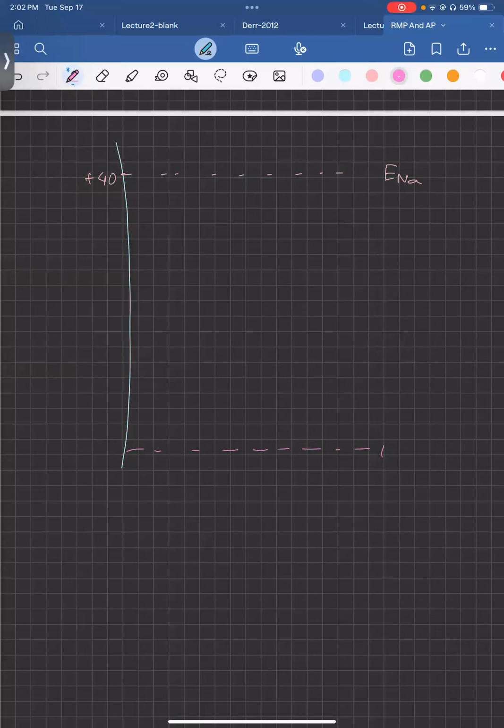Let's talk about action potential. Well, let's say, for example, again, drawing our usual graph. The resting membrane potential is sitting somewhere, actually not that high, closer to the potassium, minus 70.